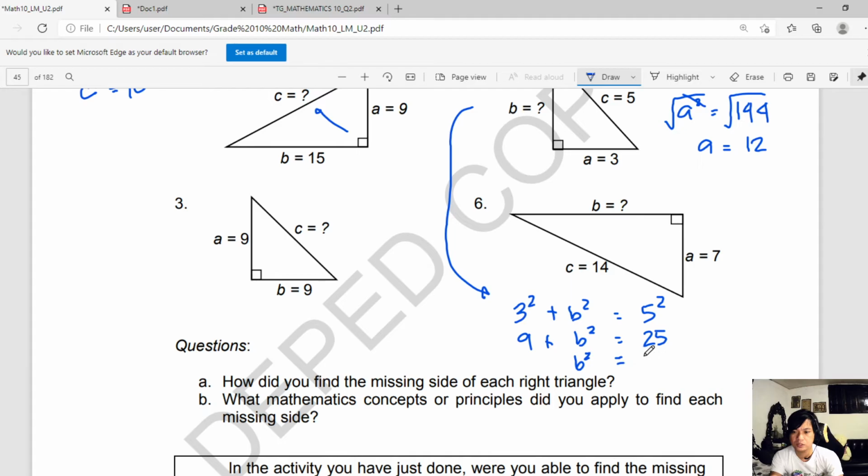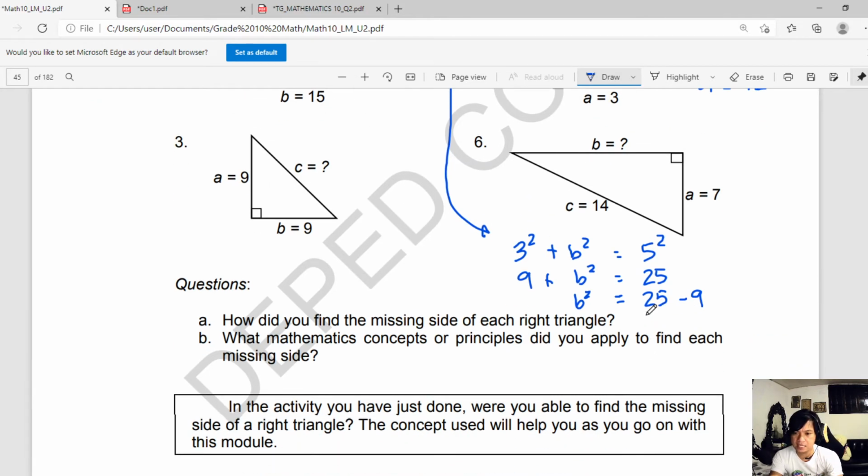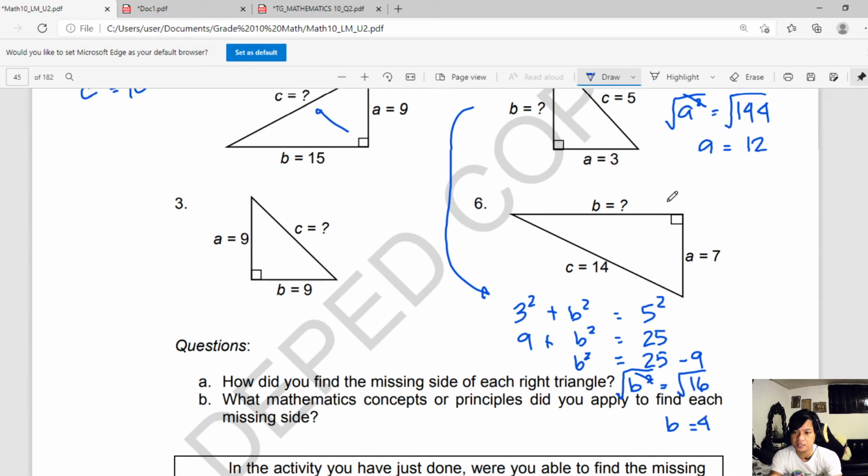So this is equal to 25 minus 9. 25 minus 9 is 16. B squared is equal to 16. So get the square root of both sides. So B is equal to 4. So the measure of B here is 4. The square root of 16 is 4.